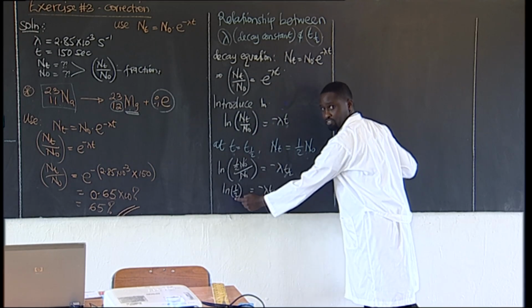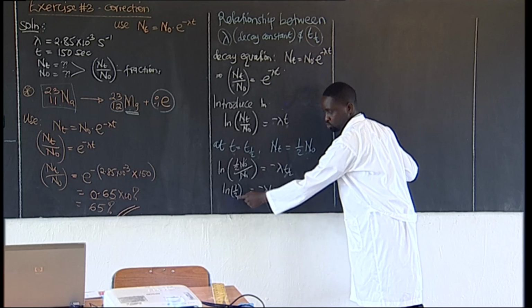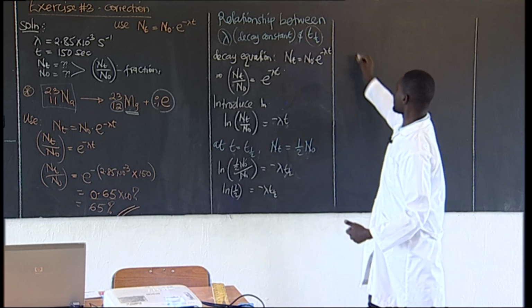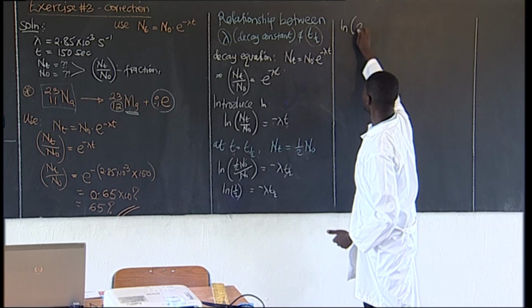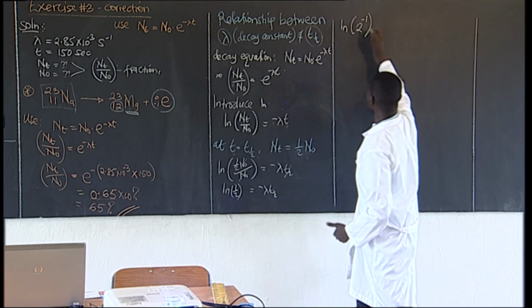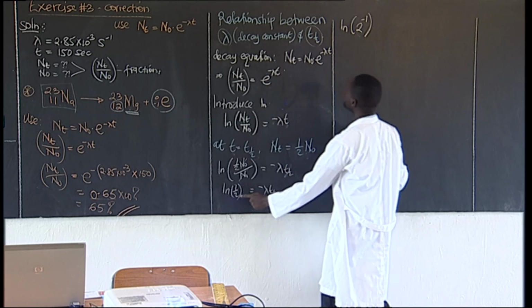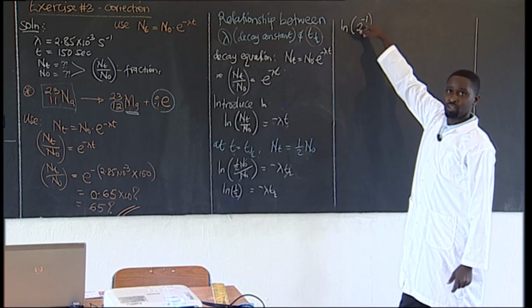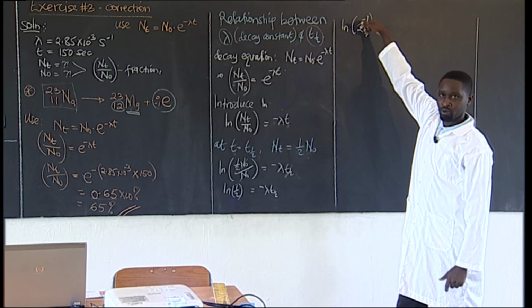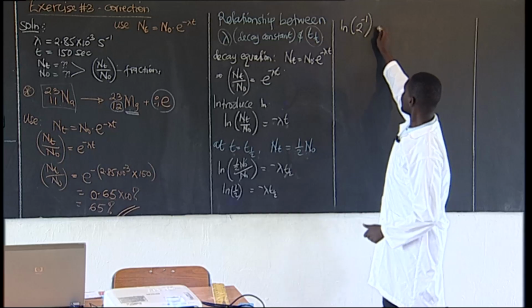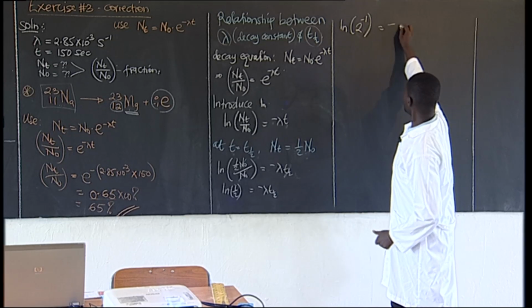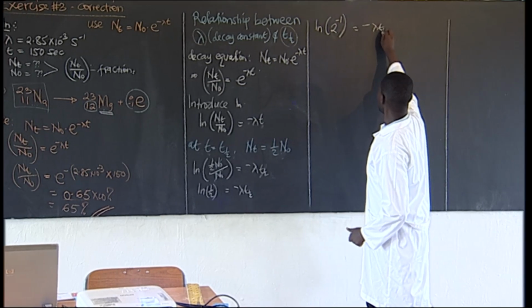Using your math, 1/2 we can write as 2 inverse. Here we shall have ln 2 inverse. Using your principles of math, a half is similarly written as 2 power negative 1, or 2 inverse, equaling negative lambda t1/2.